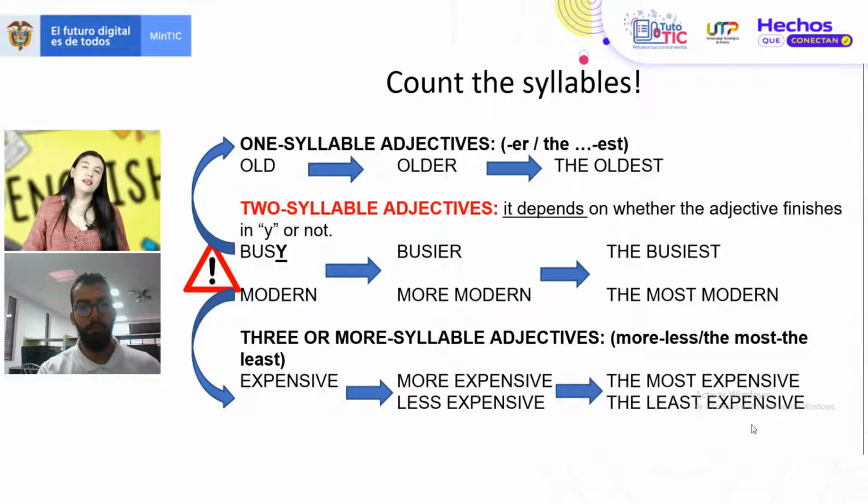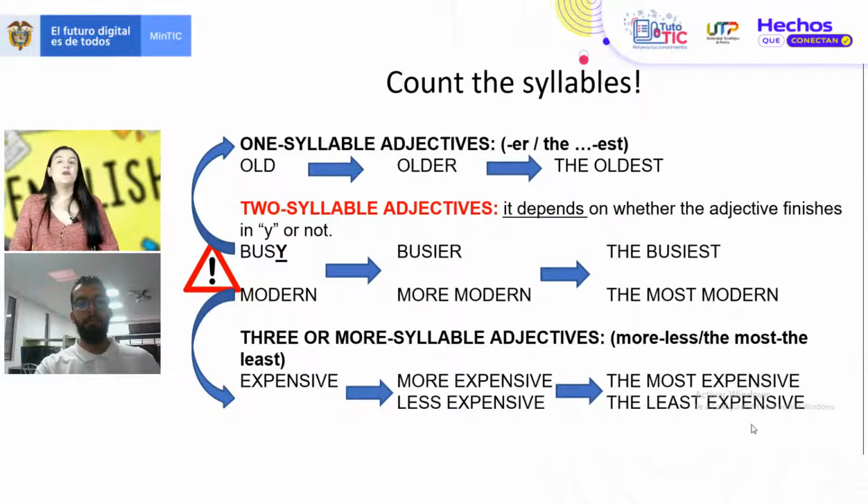Difficult, how many syllables does it have? 1, 2, 3. Difficult, 3 syllables. So if it has 3 syllables, we just add the word the most and we add the adjective. The most difficult language to learn is Chinese. That will be my example. Okay, my example. Muy bien.